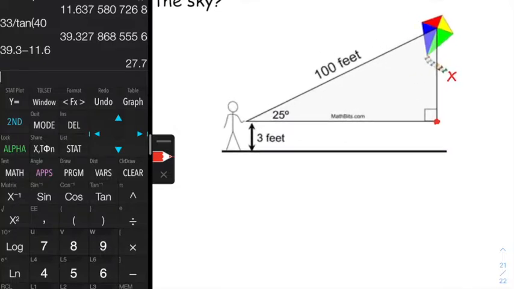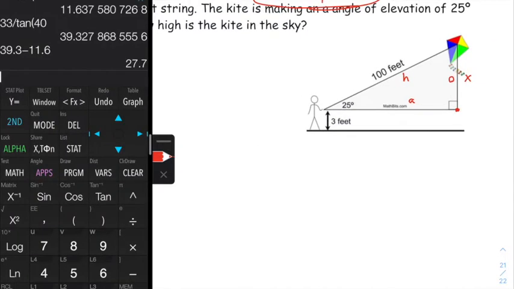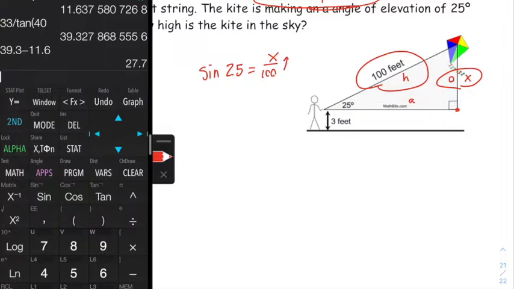So let's set this up like a normal math problem. I'll label O, A, and then H right there. A trig function that uses O and H is sine. We'll say sine of 25 degrees equals x over 100. Since x is in the numerator, that means we need to multiply.